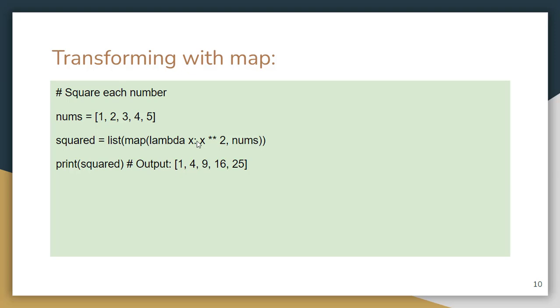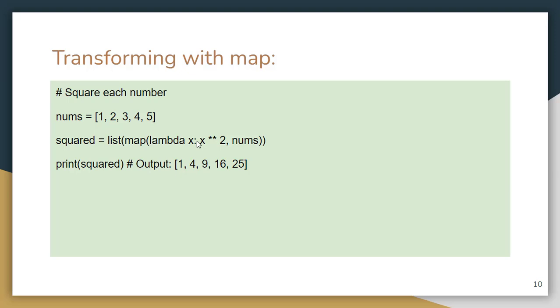Map is also a function, and inside map we are mapping using the function lambda x colon x ** 2, that indicates we square the numbers in the list.